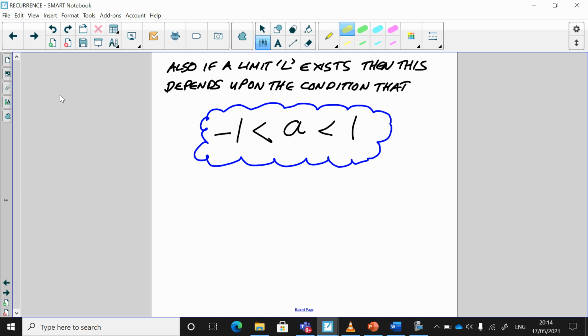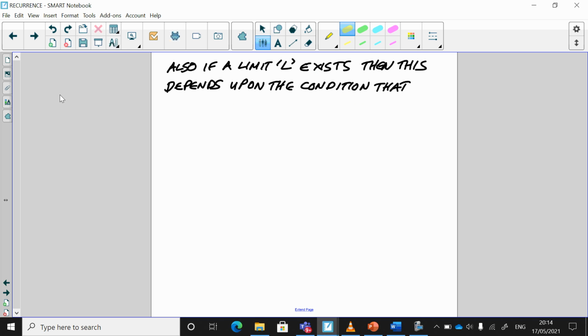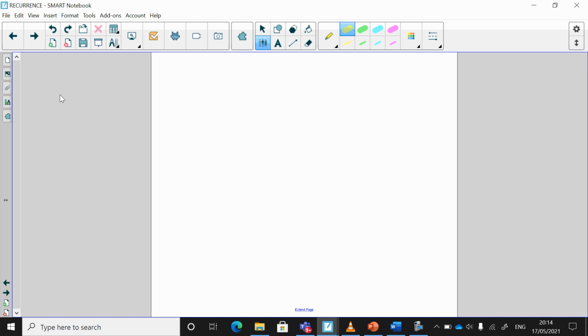So along with the formula for L, B over 1 minus A, we can only use that if this condition is satisfied. So this is the first thing you look at. You look at that there before you start using that. Okay. Doesn't matter what A and B is, you can always get an answer. Always. But that answer has no bearing on the fact that a limit exists. Here, this is the fact that the limit exists if A lies between those two numbers. Right.